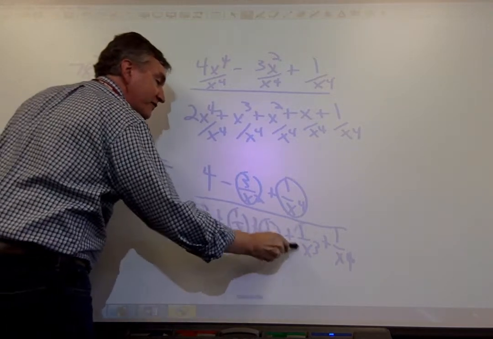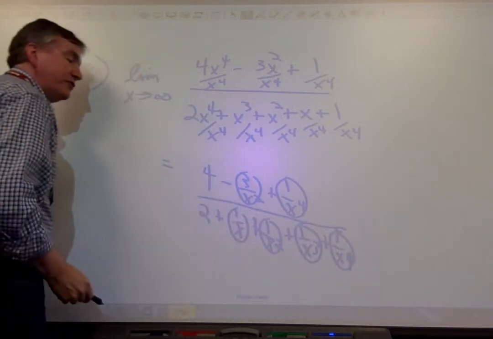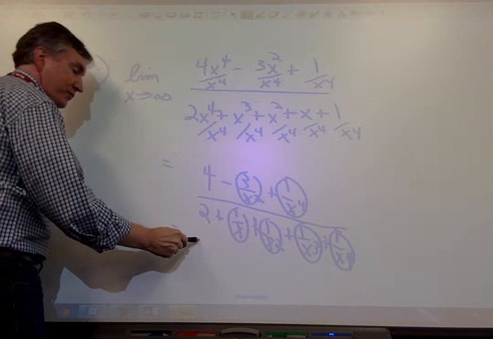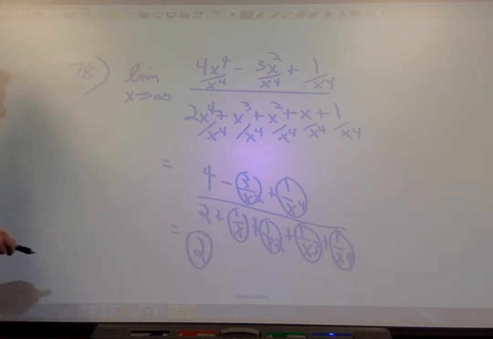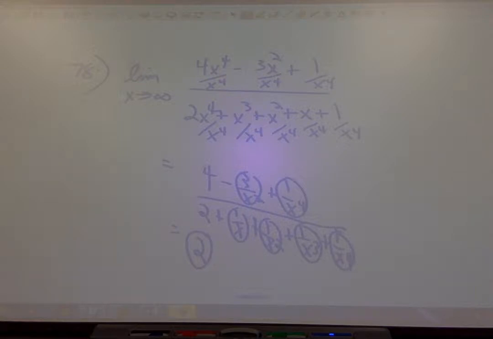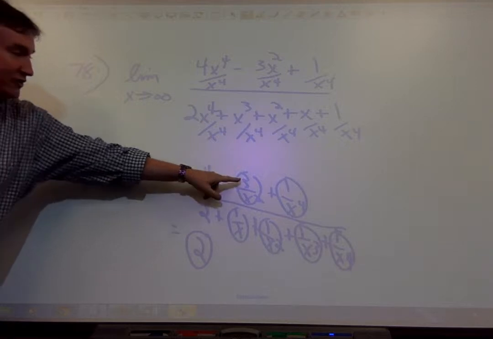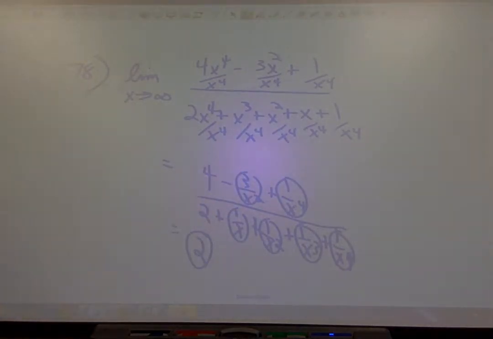All of these fractions, if x goes to infinity, all of those go to 0. So what's my limit? 4 over 2 is 2. That's a perfect example. It looks horrible, but really it's not, is it? Because if you divide everything by x to the 4th, all that's left is 4 over 2. Everything else goes to 0 as x goes to infinity, or negative infinity.